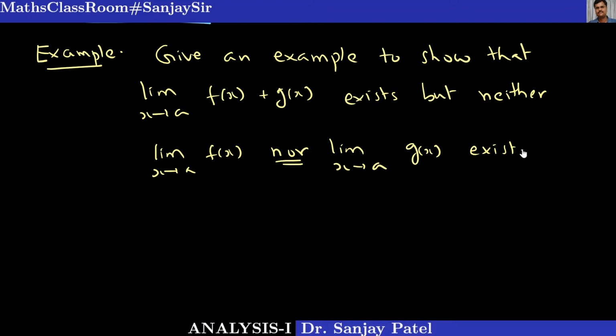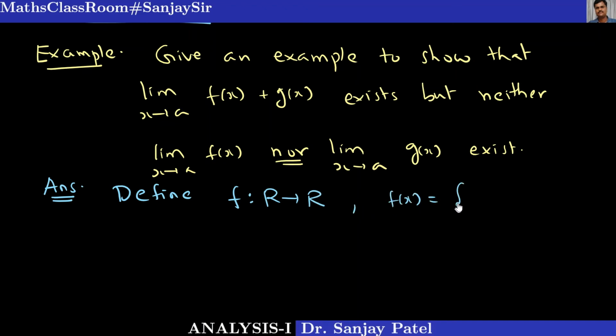Okay, so very interesting one. In short, we have to show that we can have limit of f(x) plus g(x) exist, but neither limit f(x) nor limit g(x) exist. And this can be explained using our previous example with some modification intelligently. So I am defining two functions f and g using the previous example like this. Define f from R to R as f(x) equal to the same thing, 1 and minus 1.